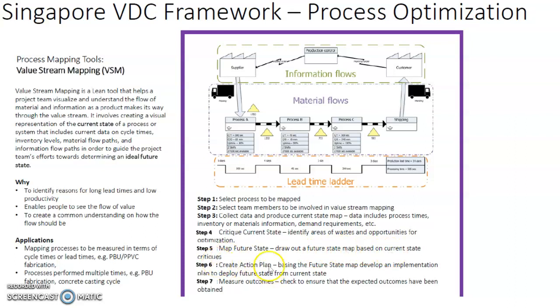Step 6, we will then create an action plan based on the future state map developed and an implementation plan to deploy the future state from the current state. And step 7, we will also measure the outcome. Check to ensure that the expected outcomes have been obtained.